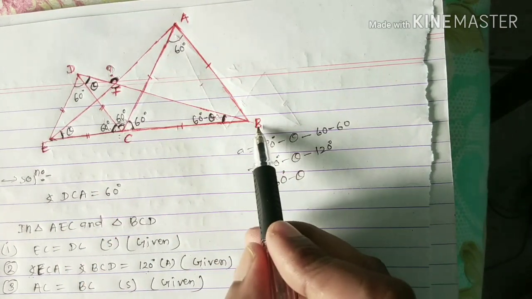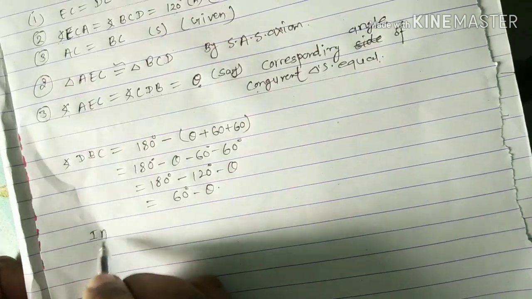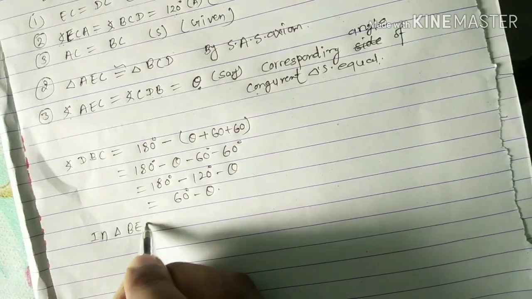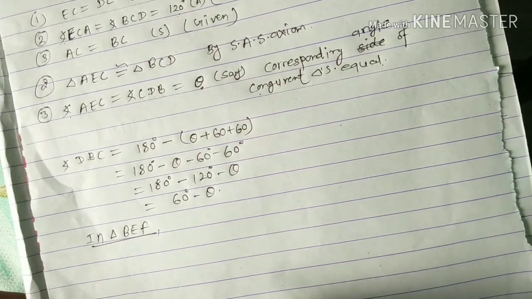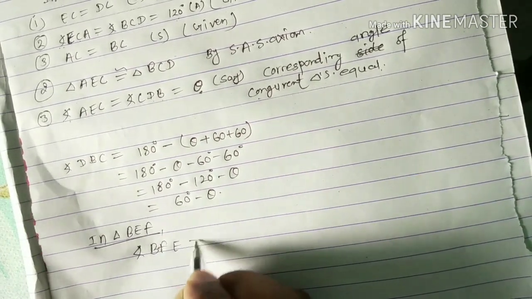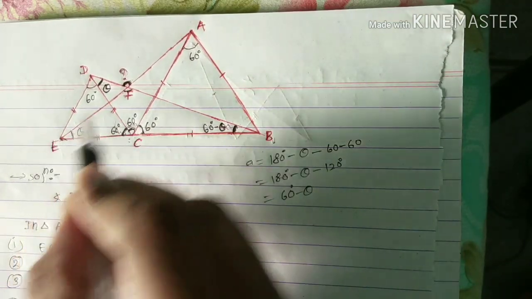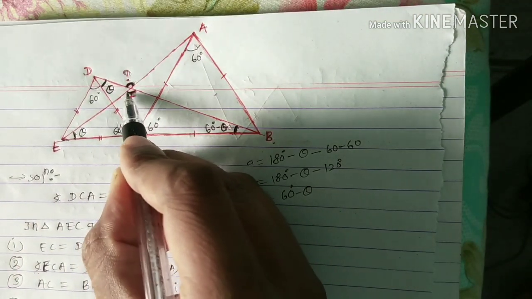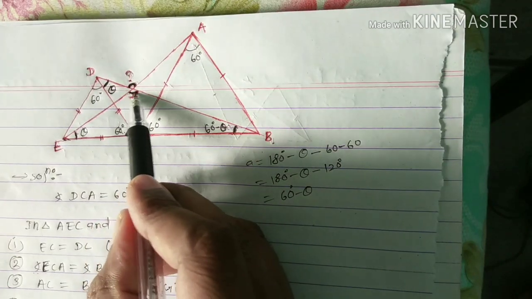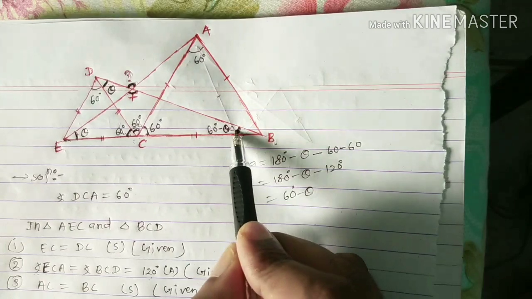So if we see the triangle BEF, in this triangle angle BFE is equal to 180 minus this angle minus this angle.